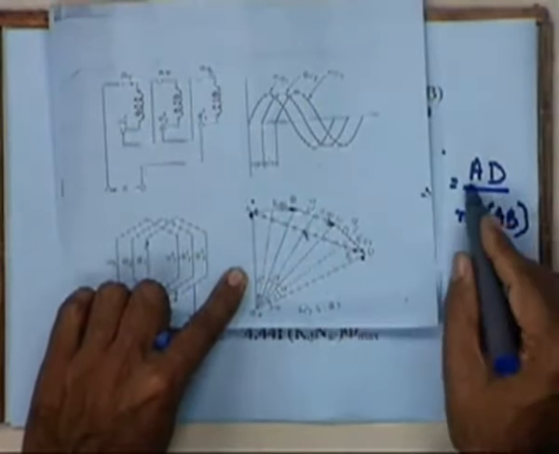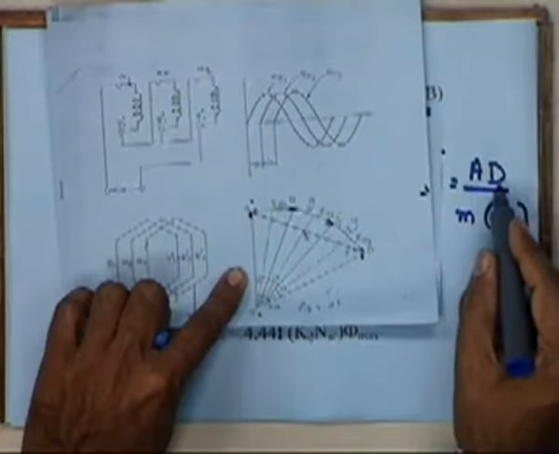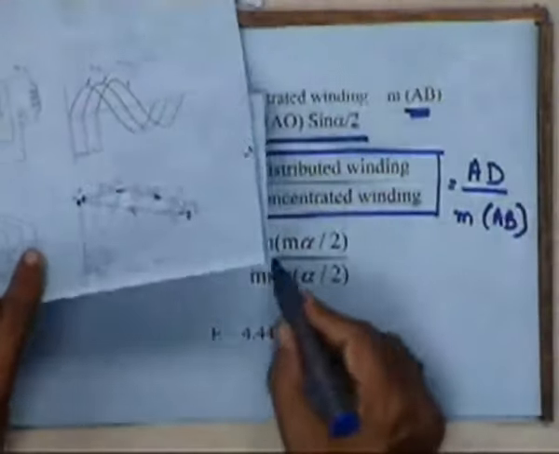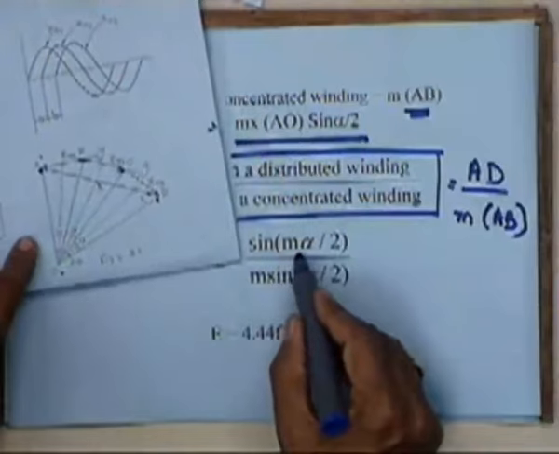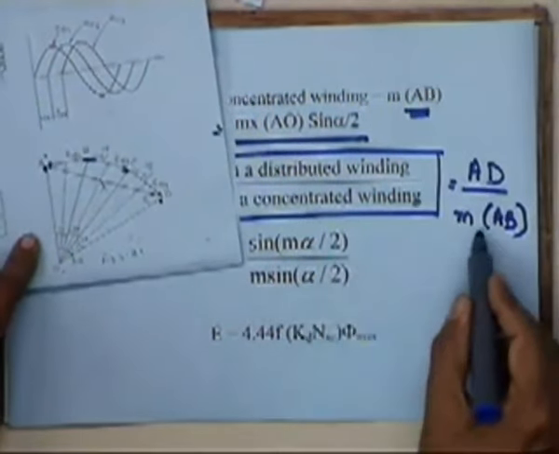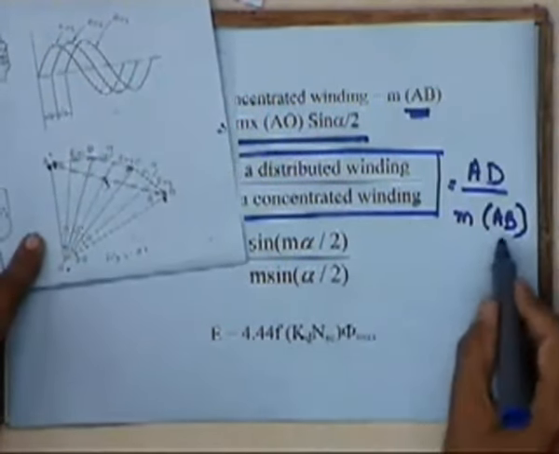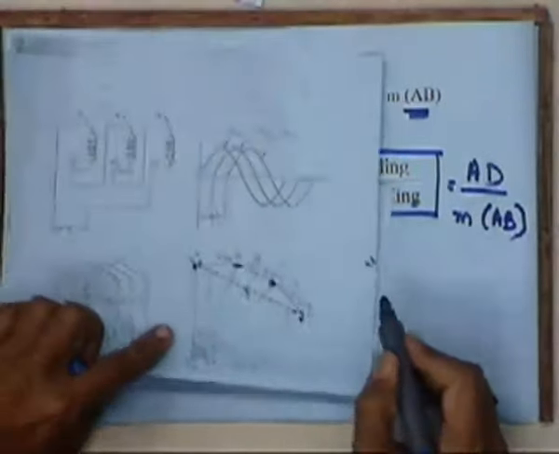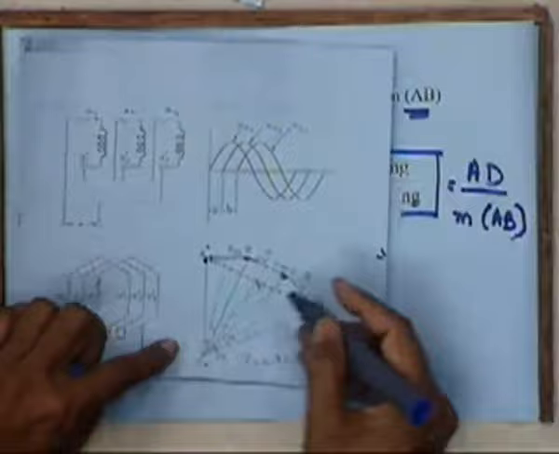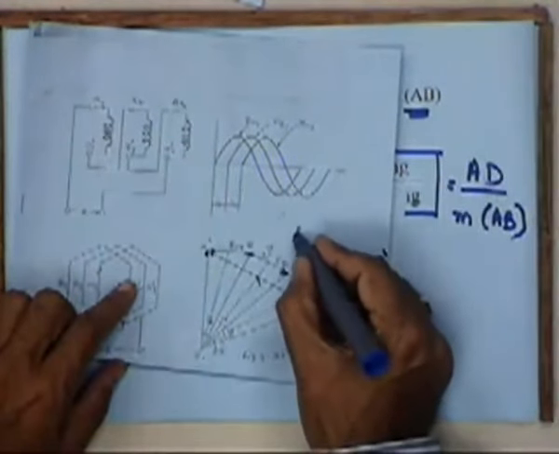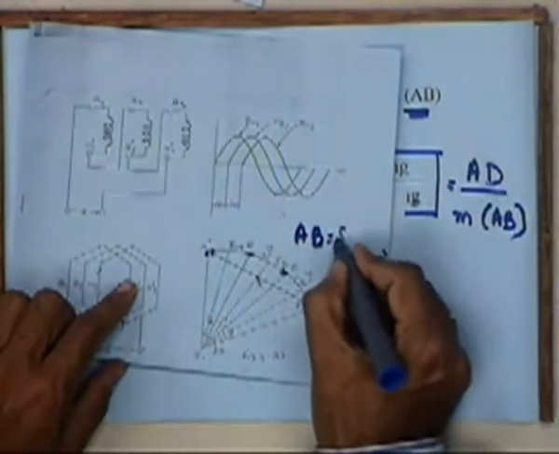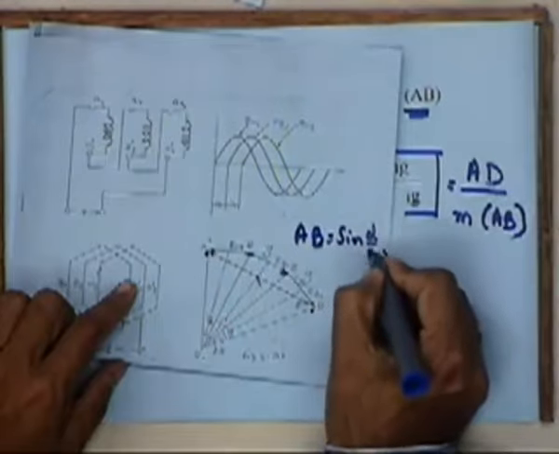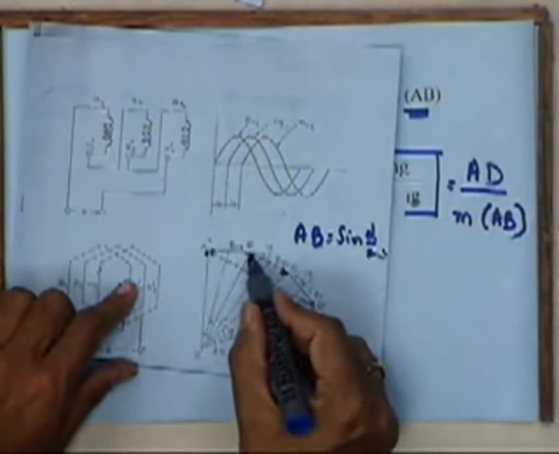And we have seen that AD is equal to OA sine m alpha by 2, and AB is nothing but OA sine alpha by 2. If this is alpha, we can prove that AB is OA sine alpha by 2.